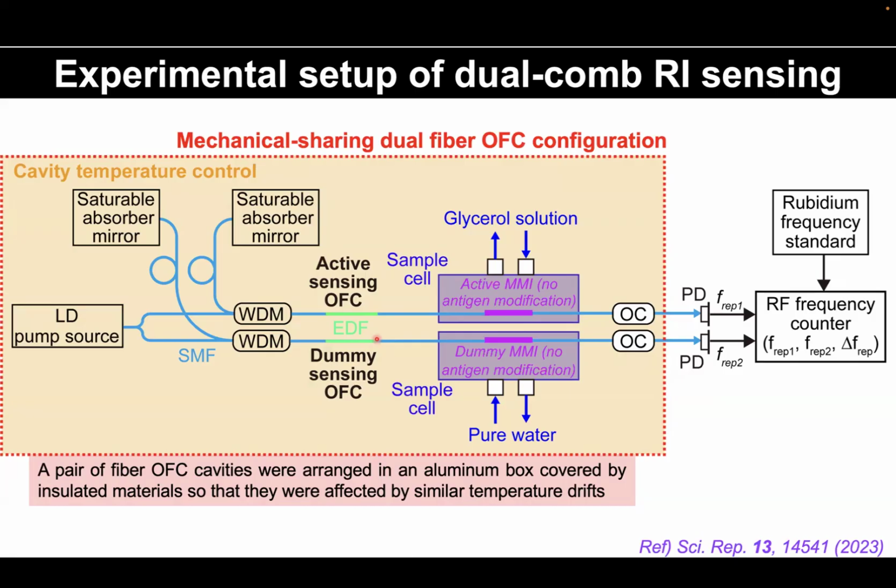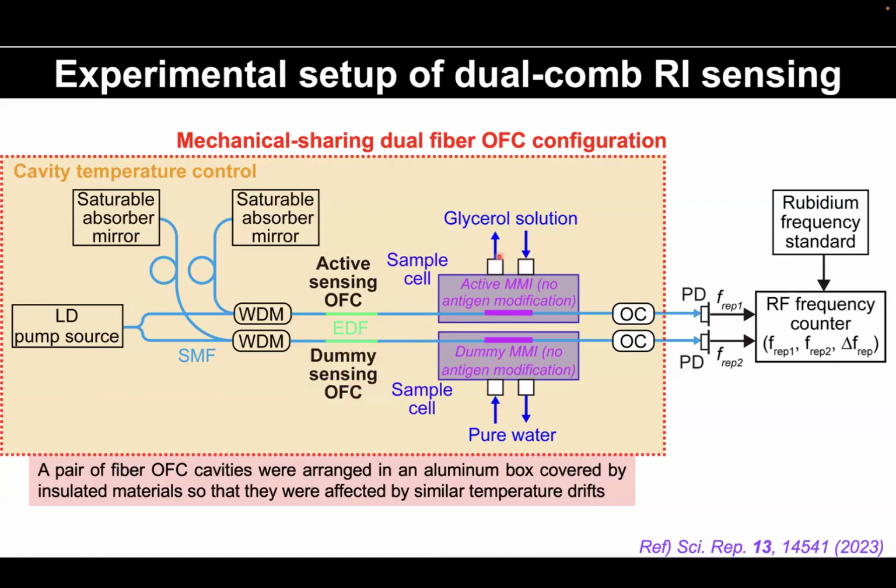The active MMI was placed inside the sample cell filled by a test sample of glycerol solution, whereas the dummy MMI was placed inside another sample cell filled by a reference material of pure water. One cavity with the active sensor is used for the active sensing OFC. Another OFC cavity with a dummy sensor is used for the dummy sensing OFC.